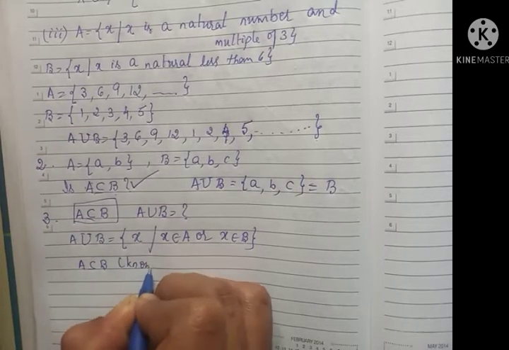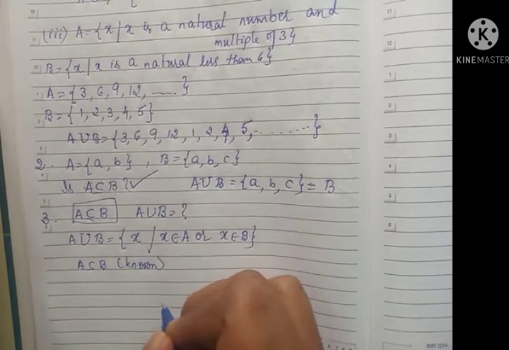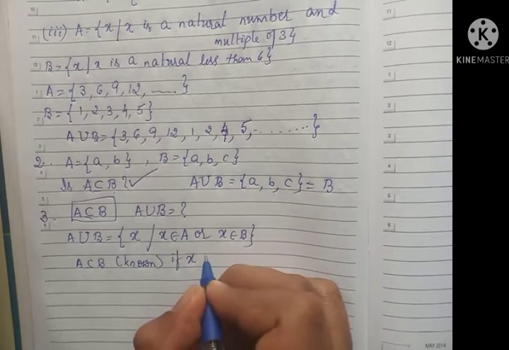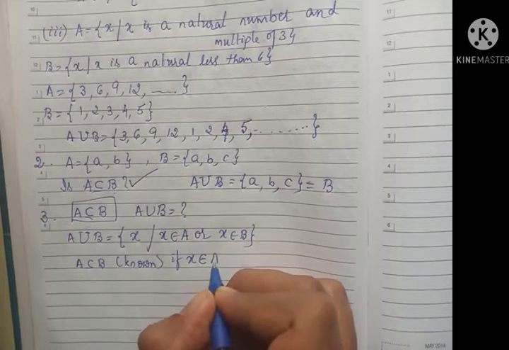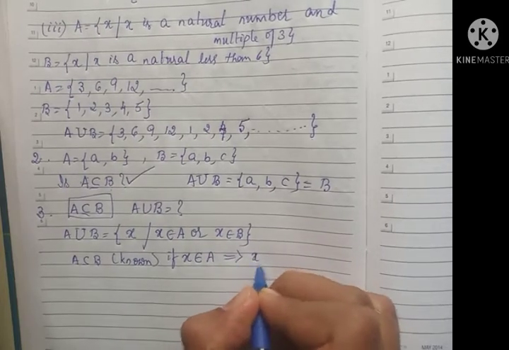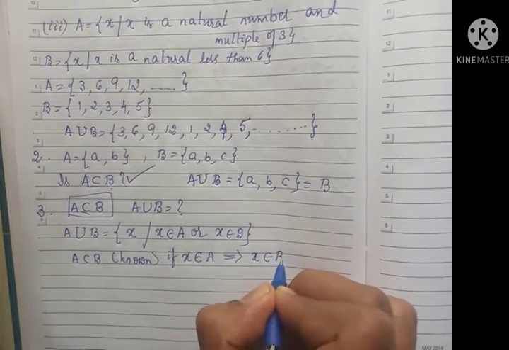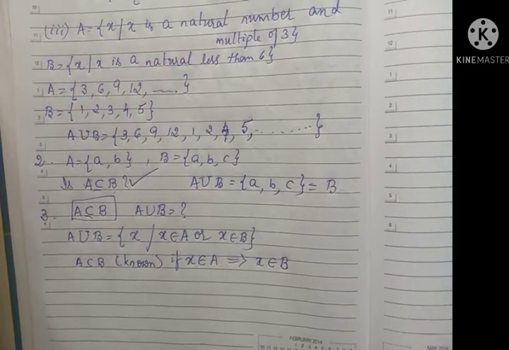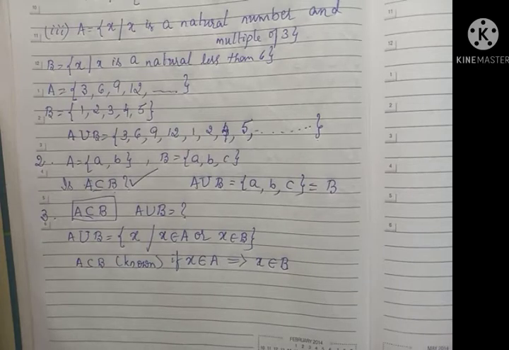If A is a subset of B, that means if there is any element x belonging to A, which implies x also belongs to B, isn't it? If there is an element x belonging to A, which implies x also belongs to B.